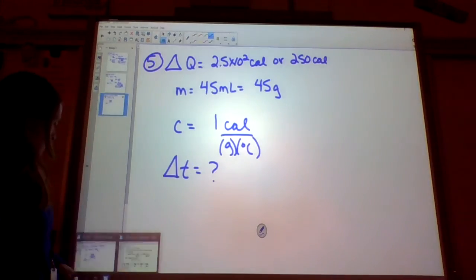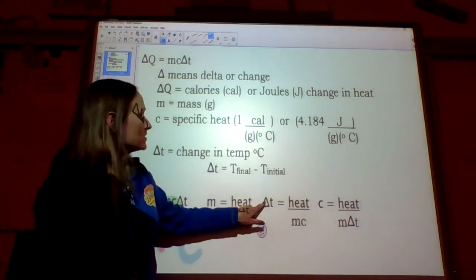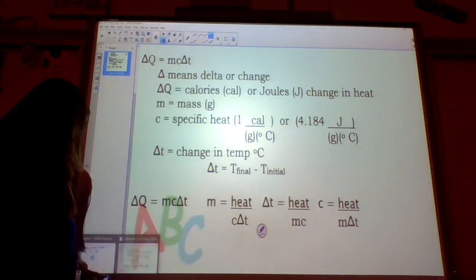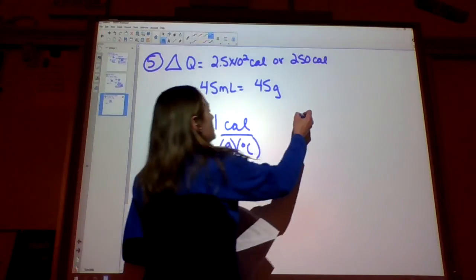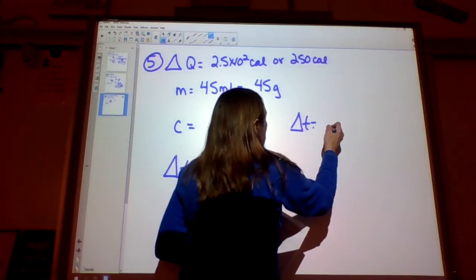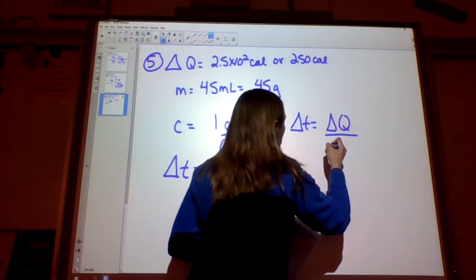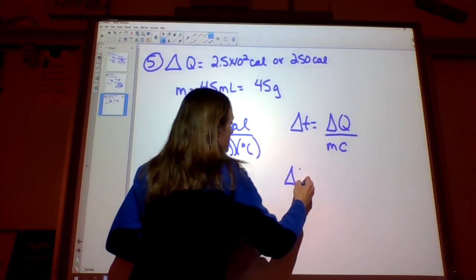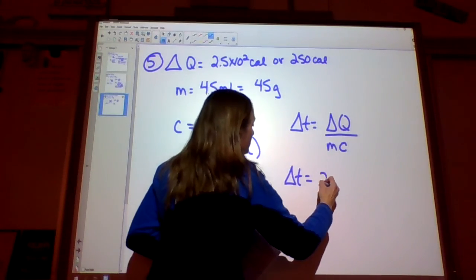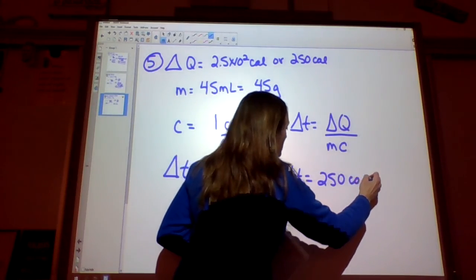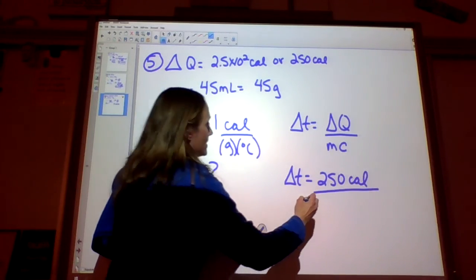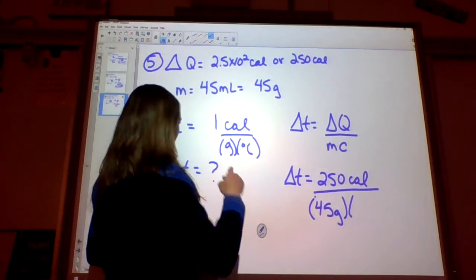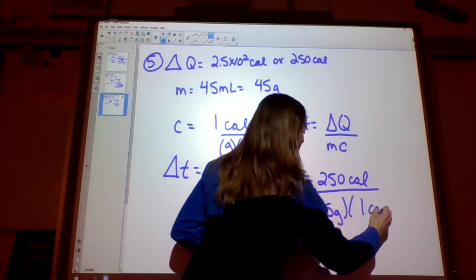So we're going to use the delta T formula, the heat over M times C again. So we have 250 calories, and our mass is 45 grams, and our specific heat is the 1 cal.